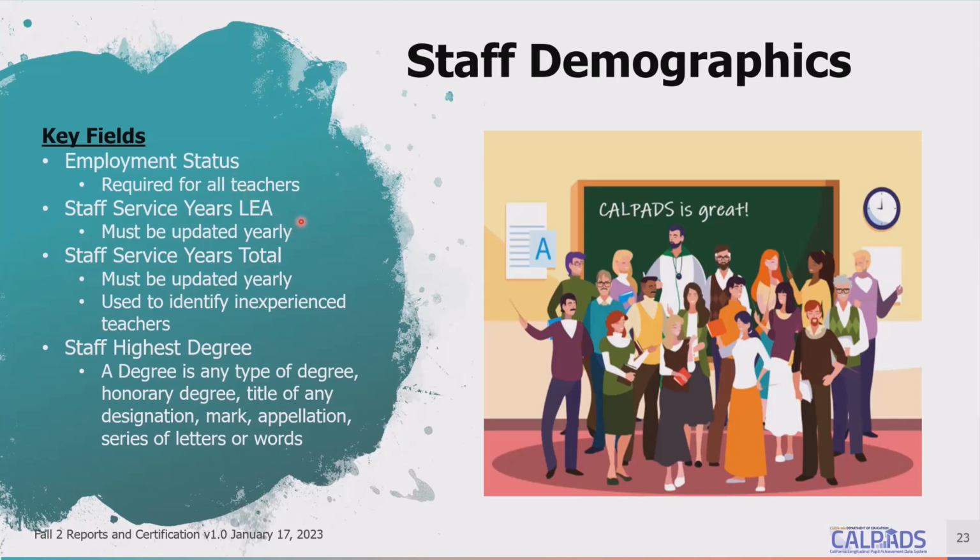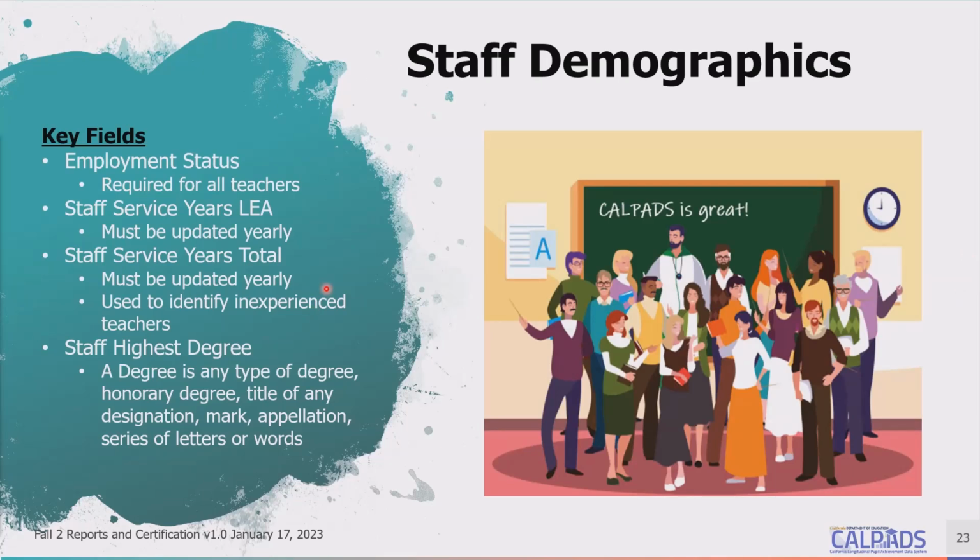Now, the required fields for everyone are the staff service years LEA and staff service years total. This would help us determine, especially for teachers, if they are inexperienced teachers or not. So meaning if you have 1 year or 2 year teachers, then they are considered inexperienced, which again, you have to accurately submit your staff service years.